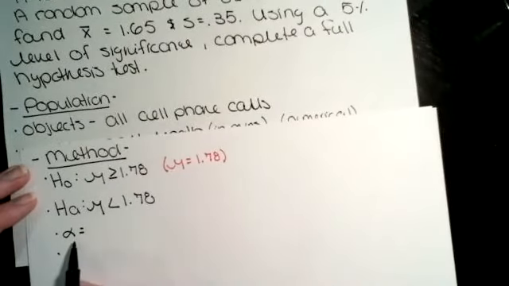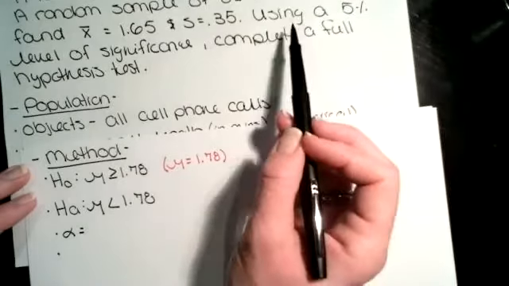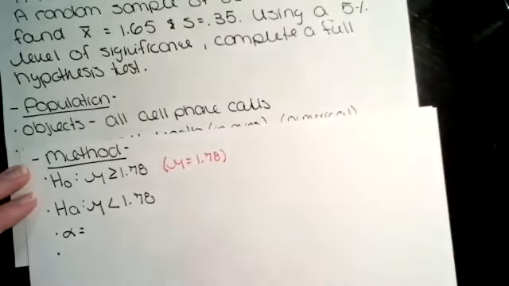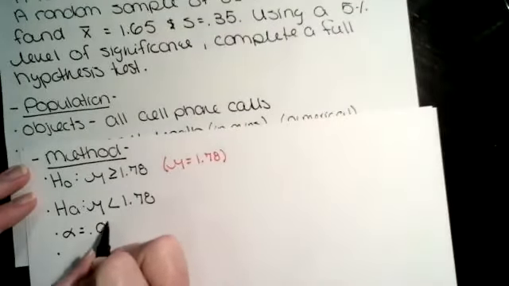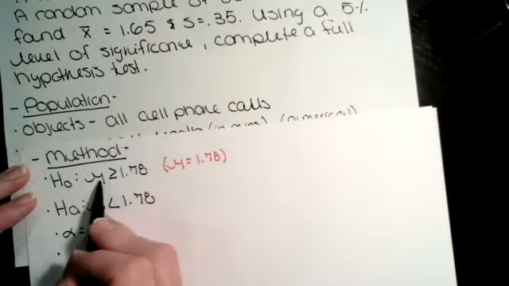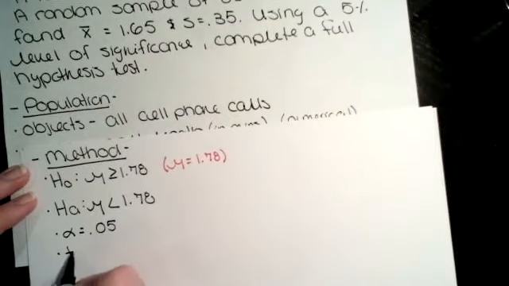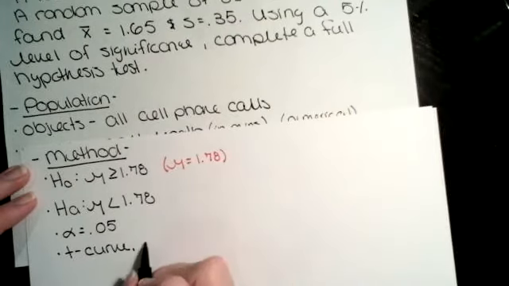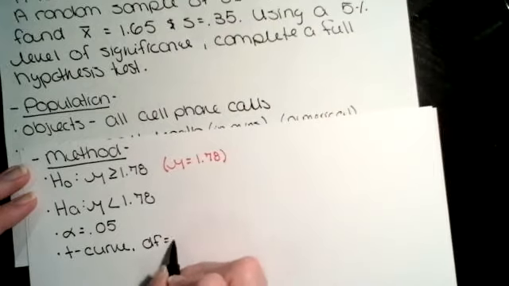My alpha, that's my level of significance, and it said up here using a 5% level of significance. So 0.05 is 5%. And since we're looking at numerical data, we are on the T-curve. And remember, with the T-curve, I have degrees of freedom equals n-1 because that curve changes shape based on n-1.